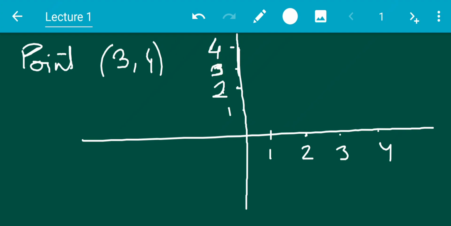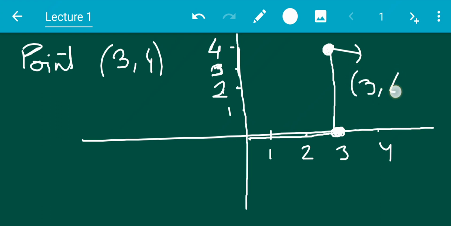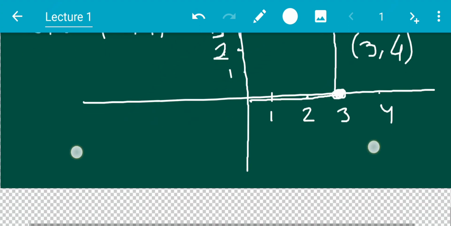So x is 3, we move along the x-axis to 3, and then we climb to the point 4. So this is the point (3, 4). Clear? This is how you locate a point in the Cartesian coordinate plane.